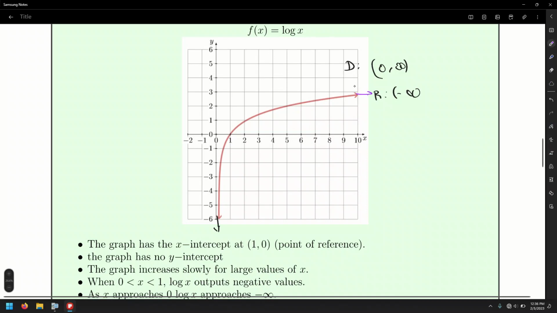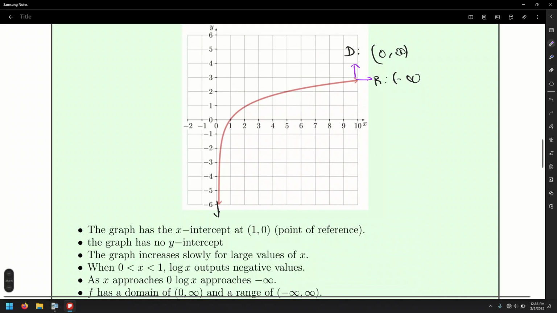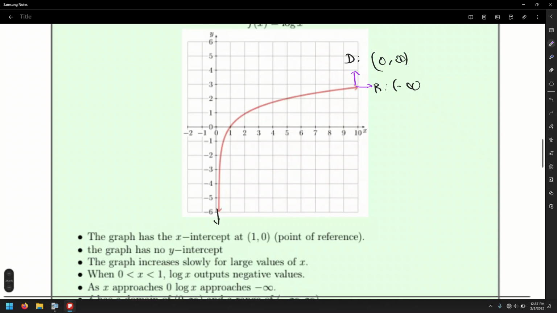We can break it up like this, and this, so we can get the domain and the range of the function. So this one means negative infinity. This arrow right here means the graph is going to go all the way to positive infinity. That's why the range of this function is all real numbers. Sounds good?